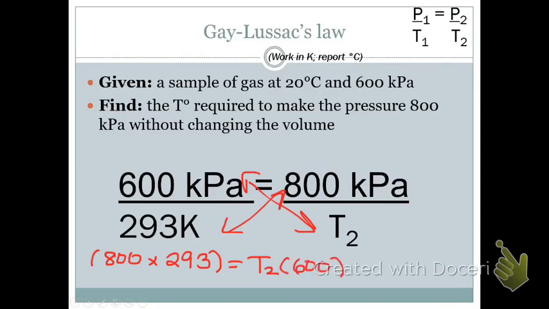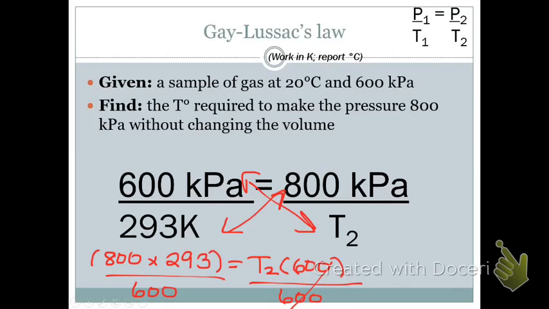We need to divide both sides by 600 to get rid of that 600. Clear your calculator. Open parentheses, 800 times 293, close parentheses, divided by 600.